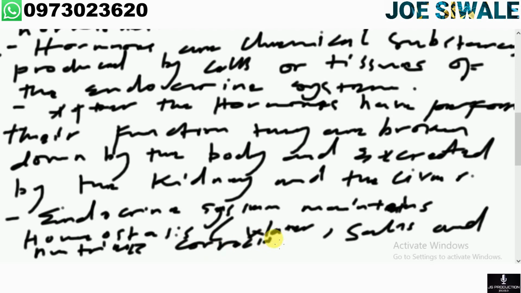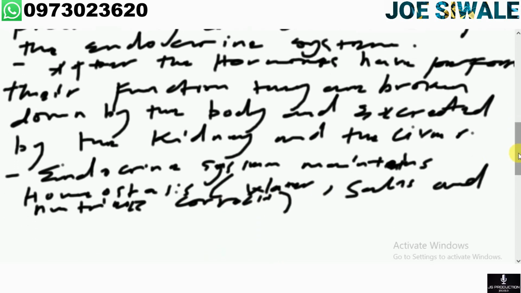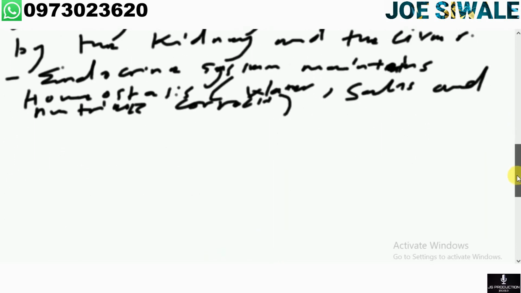Then the speed and response of the endocrine system and the nervous system actually do differ.